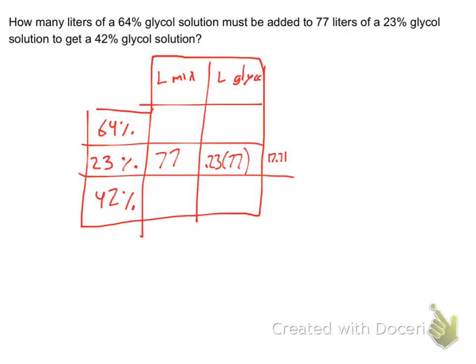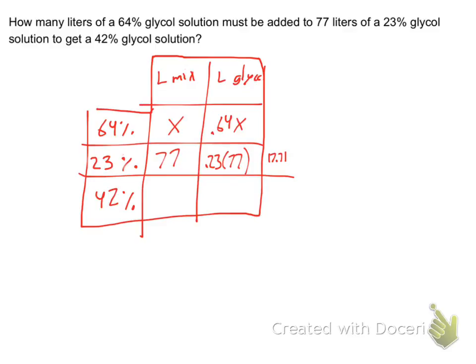Okay? Now, here's the question. It says, how much, right, of 64%? And if you knew that, you could multiply across to get 0.64x. So as soon as you know x, you would know exactly how many liters of glycol you would have in that mixture. Multiply across.